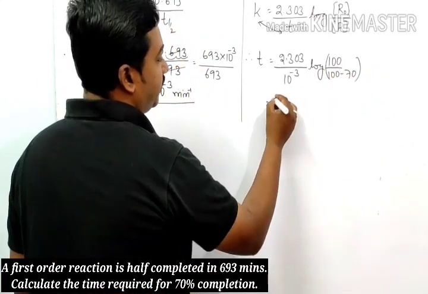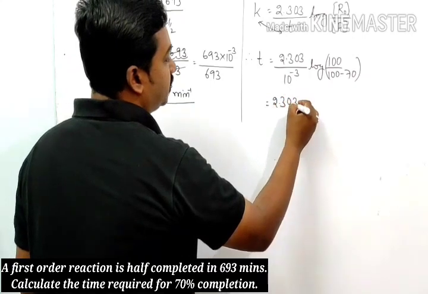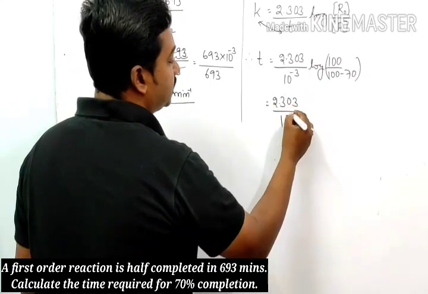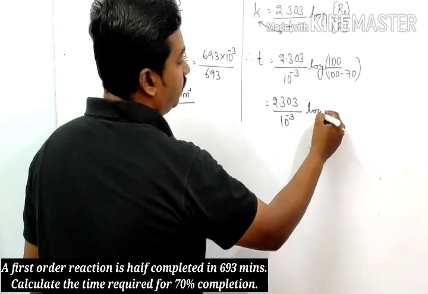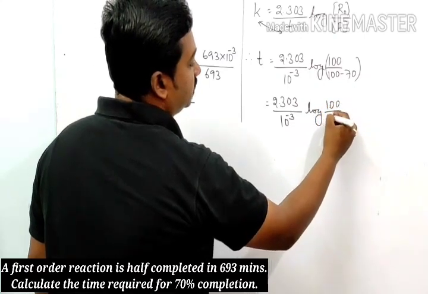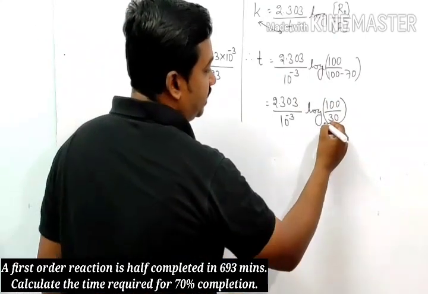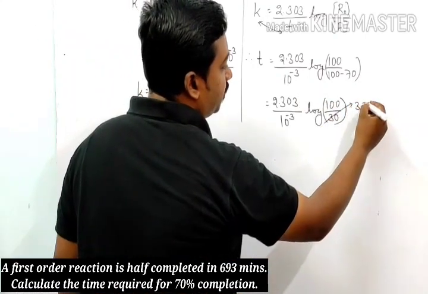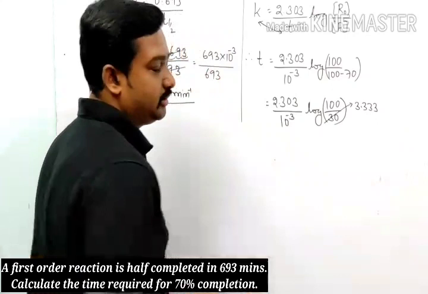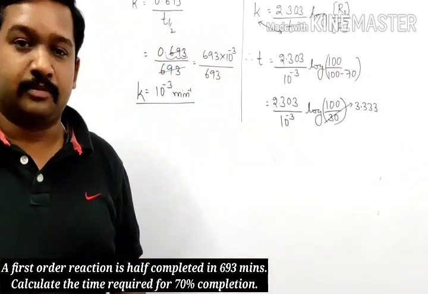Then I'll simplify this: 2.303 by 10 power minus 3 into log of 100 over 30, and 100 by 30 has a value 3.333, where 3 is a recurring number.